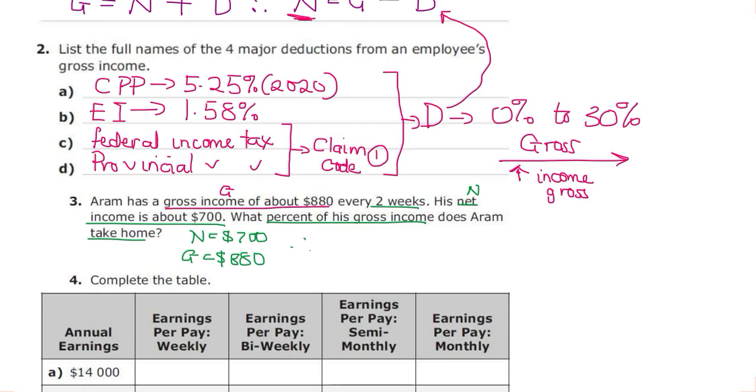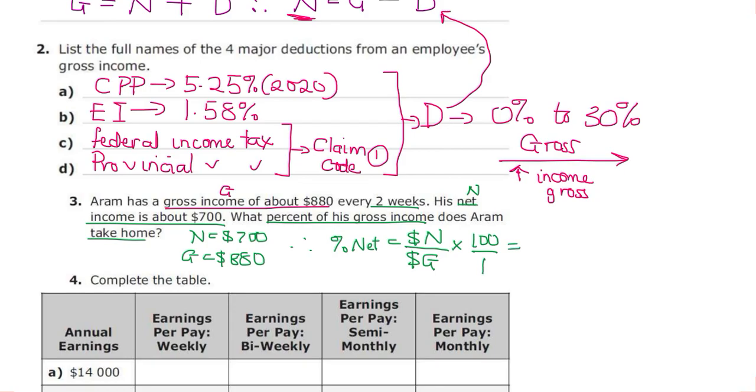Therefore, if you want to find the percentage of the gross income that is the net income, what you have to do is divide your net amount in dollars by your gross, which is the total income, and then multiply your answer by 100.